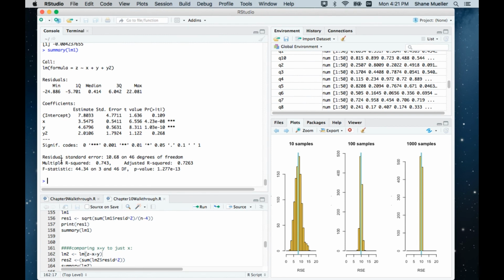That's almost never what we want, and what we often will do then is do more specific F-tests. This is the F-test comparing the whole model to the intercept, but maybe we want to compare the whole model to the model without a value. The F-test for the whole model versus the model without y2 is actually going to be identical to this t-test. But there are other types of comparisons you might want to do.